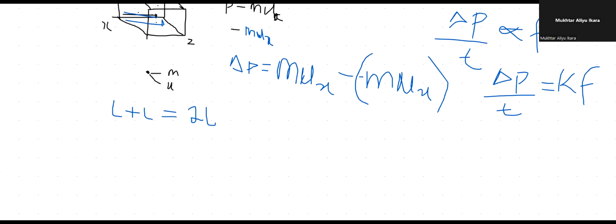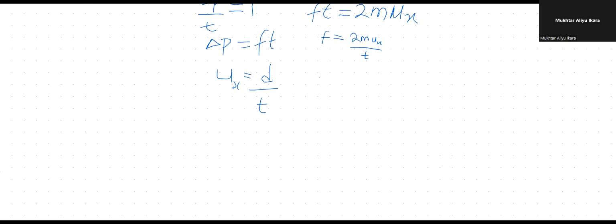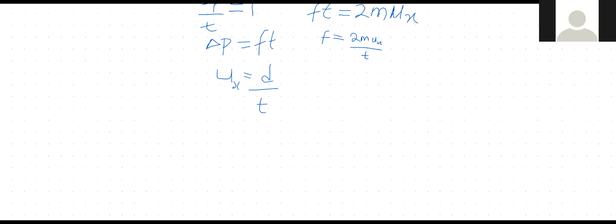We are going to replace it here in this expression. So now what we are going to say is that ux is equal to 2L, so now we have our distance as 2L.